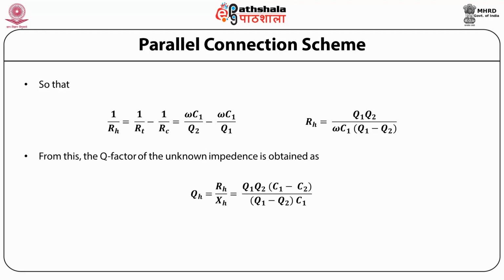From this, the Q factor of the unknown impedance is obtained as QH is equal to RH by XH. Putting in the values, we get QH is equal to Q1 Q2 multiplied by C1 minus C2 whole divided by Q1 minus Q2 multiplied by C1.